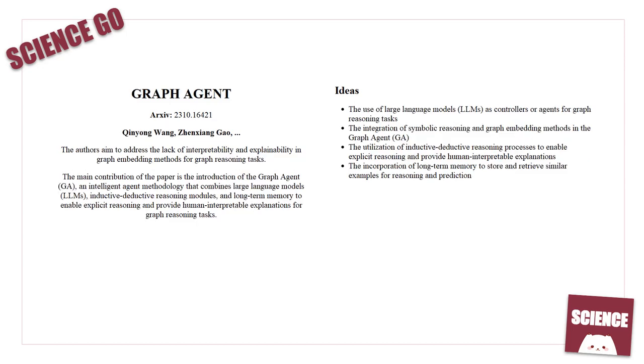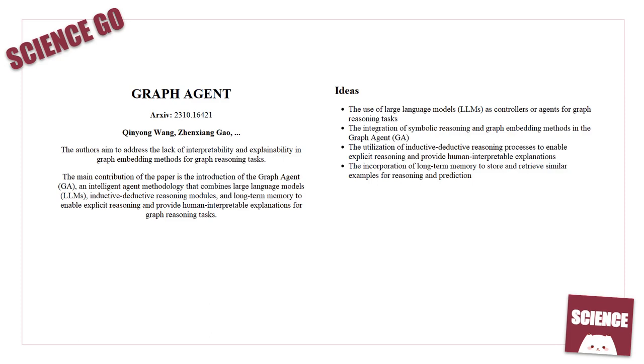The paper graph agent introduces a new approach to improve the interpretability and explainability of graph embedding methods used for graph reasoning tasks. The authors propose the graph agent GA, which combines large language models, inductive deductive reasoning modules, and long-term memory.